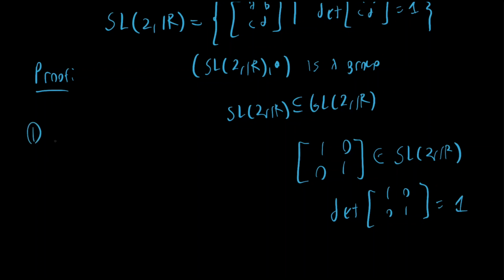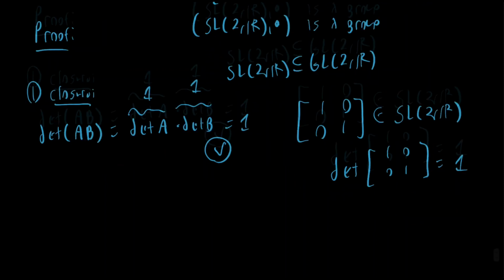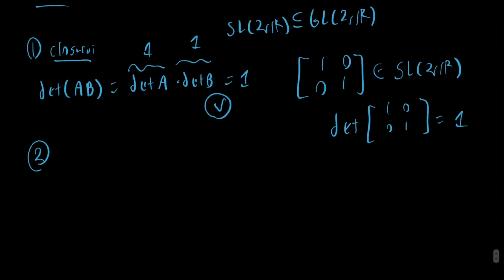For the closure, again, we will use the theorem from linear algebra that we used above, that the determinant of a product of matrices is given by the product of the determinants. If the determinant of A is 1 and this is also 1, we will have that the determinant of AB will be 1. And another theorem will guarantee that there are inverses, because the determinant of an inverse of a matrix is just 1 over its determinant.